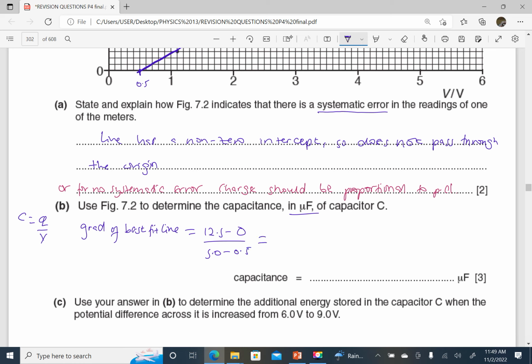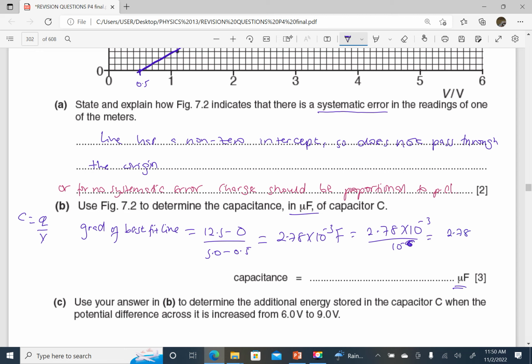And this is going to be 2.78 times 10 power negative 3. But we want the answer in micro. This one is in farads. In micro, it is going to be 2.78 times 10 power negative 3 divided by 10 power negative 6. To change it to micro, we divide by 10 power negative 6.